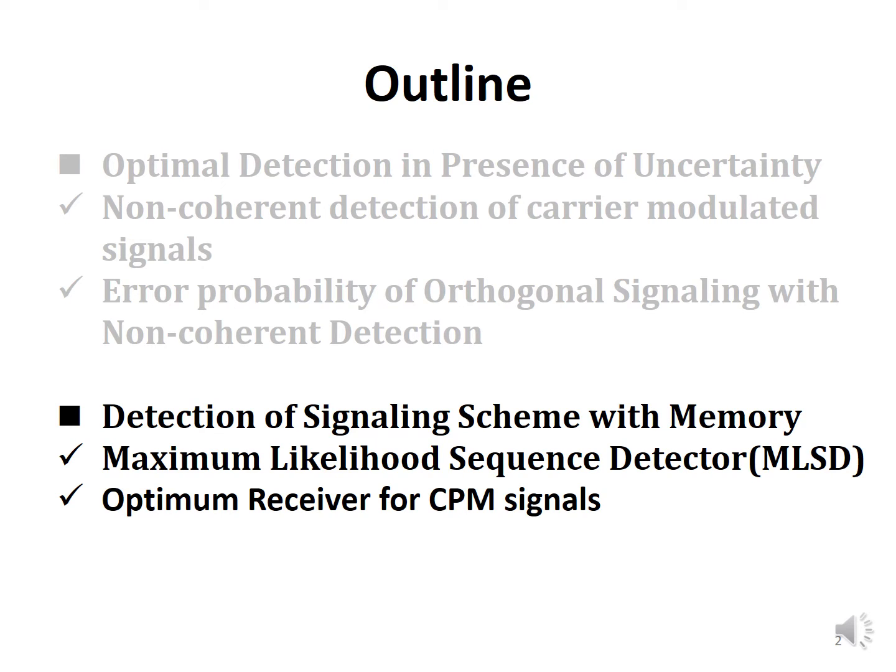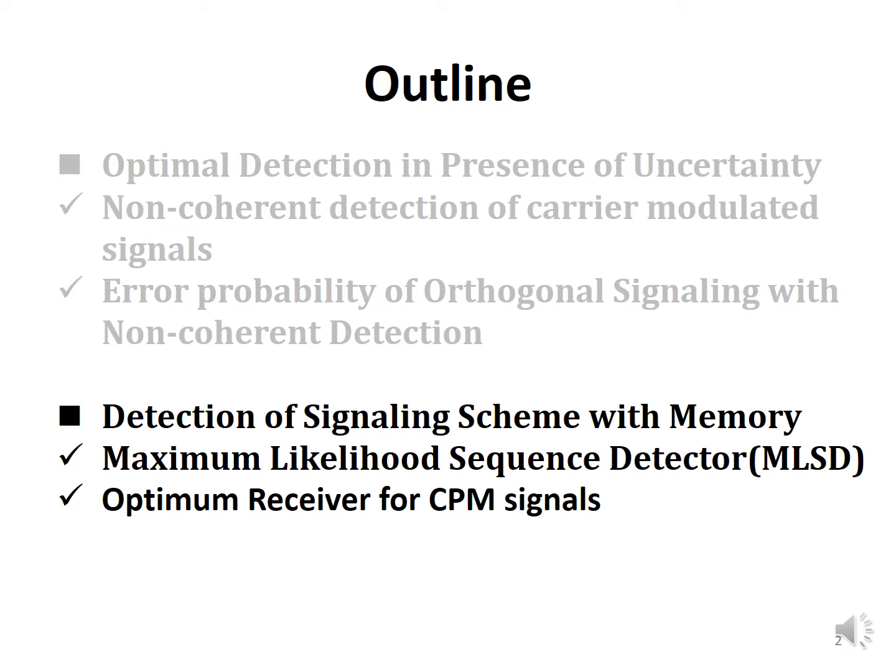With memory, every symbol is correlated with the past symbols, so we have a sequence of transmission, and the detection is based on a sequence of received signal to detect a sequence of transmitted signal. So it is called maximum likelihood sequence detection.